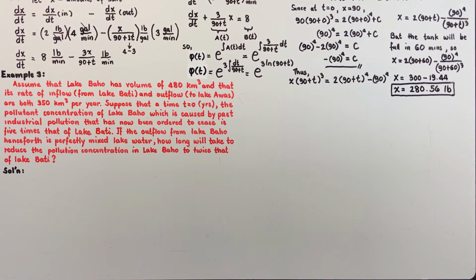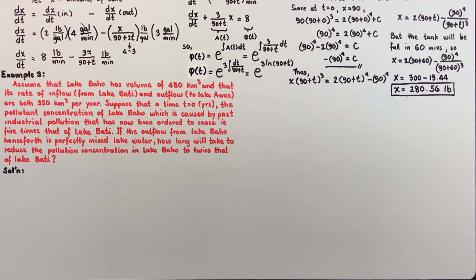Now let's proceed to our example number 3. Assume that the Lake Baho has a volume of 480 kilometers cubed and its rate of inflow from Lake Bati and outflow to the Lake Awas are both 350 kilometers cubed per year.